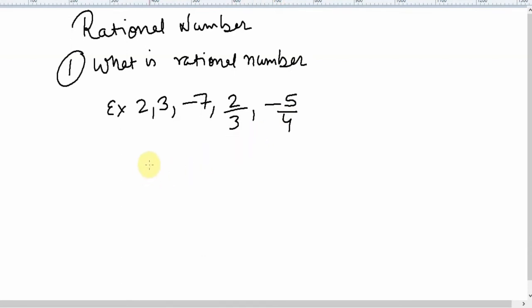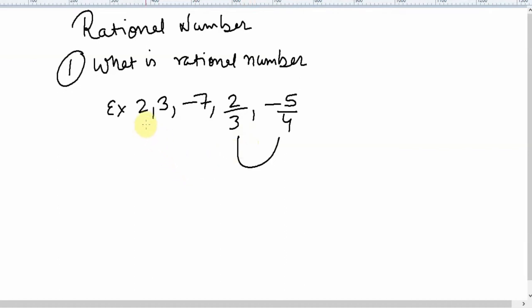Basically we face problems in addition and subtraction of rational number fractions. You can see these two are fractions, and fractions are a part of rational numbers. Sometimes we don't know the difference between fraction and rational number. So fractions are a part of rational numbers.